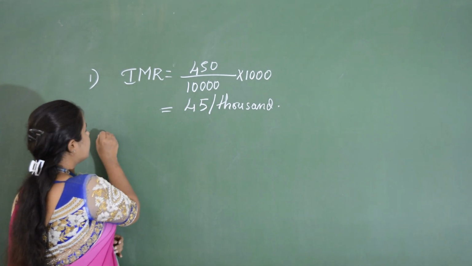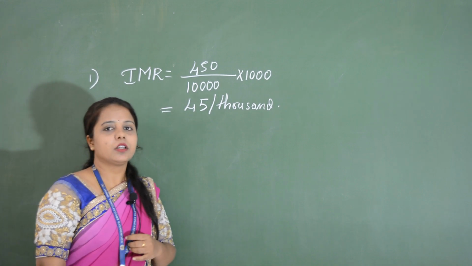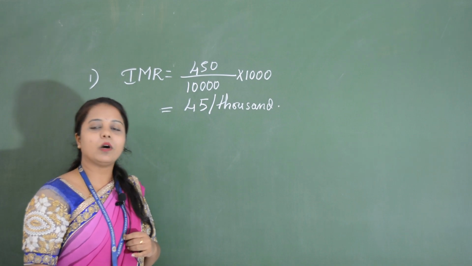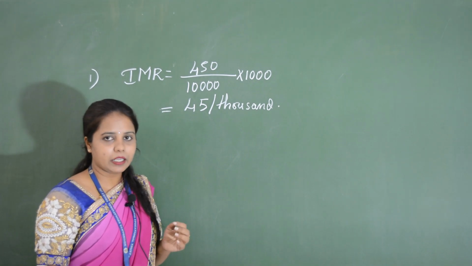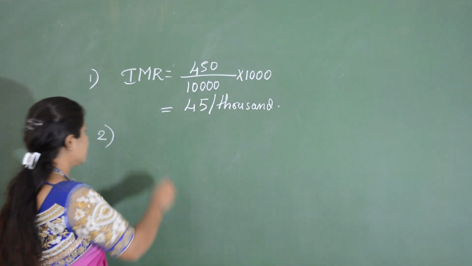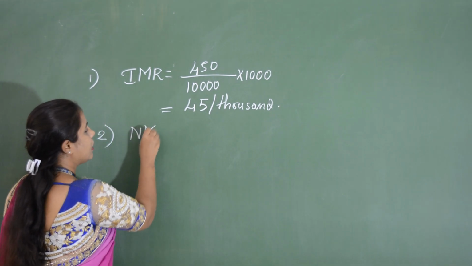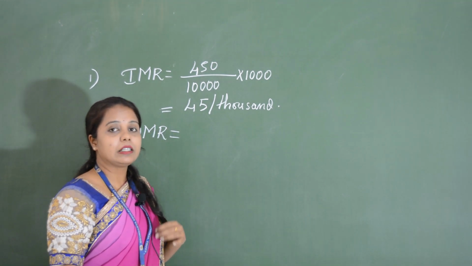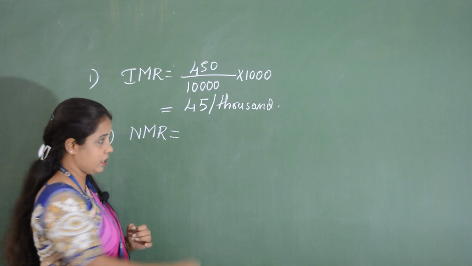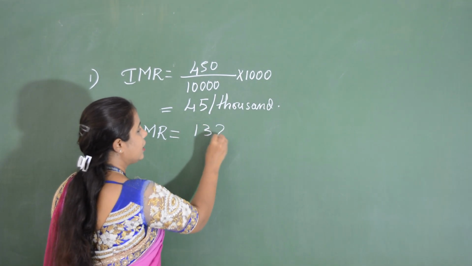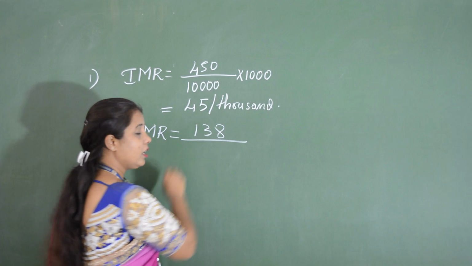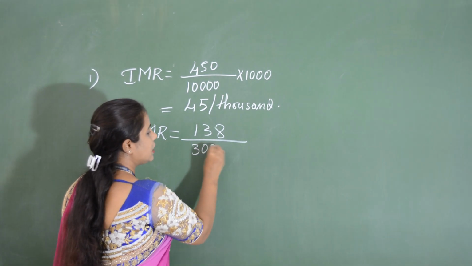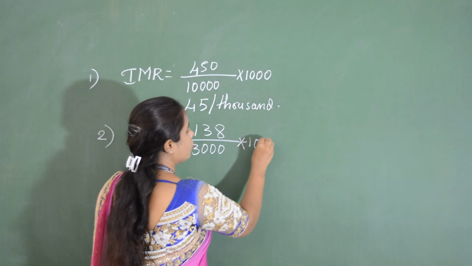Now in the second problem, the total live births were 3,000 and 138 babies died in neonatal stage. So the formula of NMR, that is neonatal mortality rate, is the total deaths of neonatal babies, which is 138, divided by total live births in the same year, which is 3,000 into 1,000.